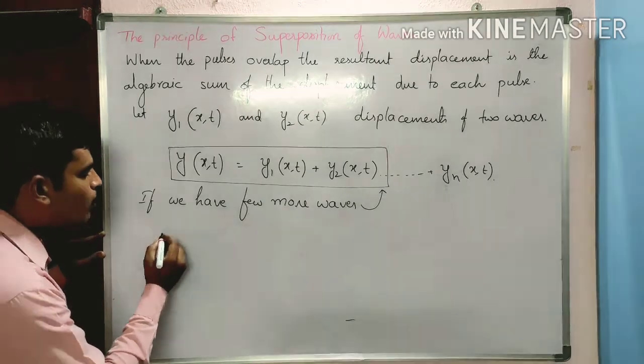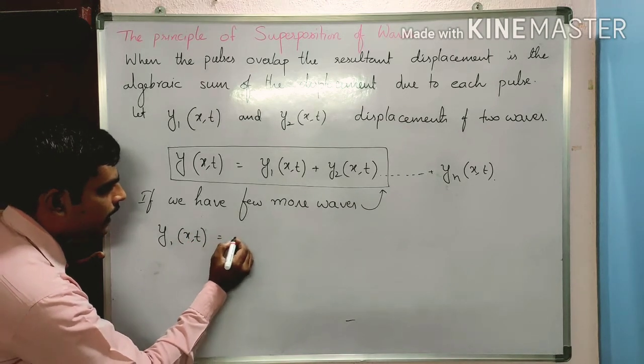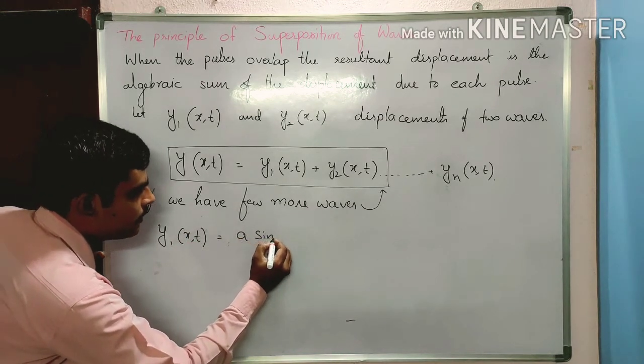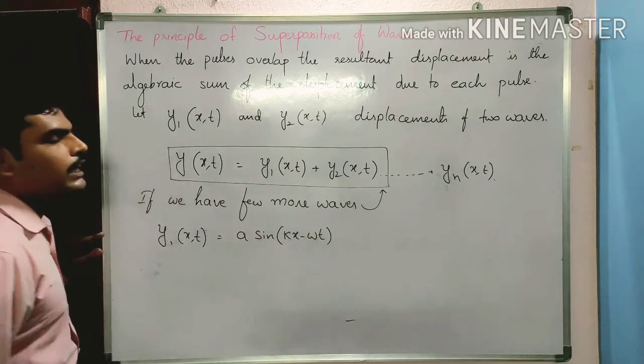Wave equation y1(x, t), I will write like a sin(kx − ωt). What are these terms?